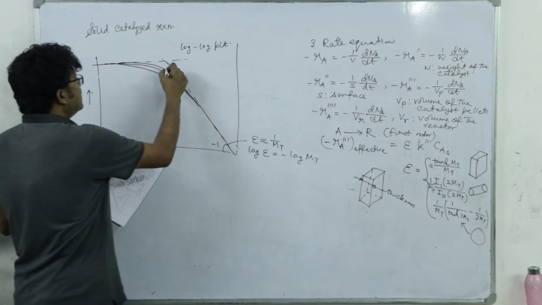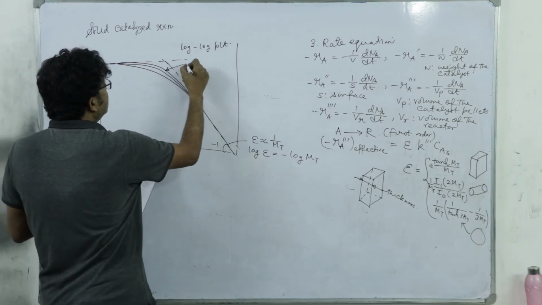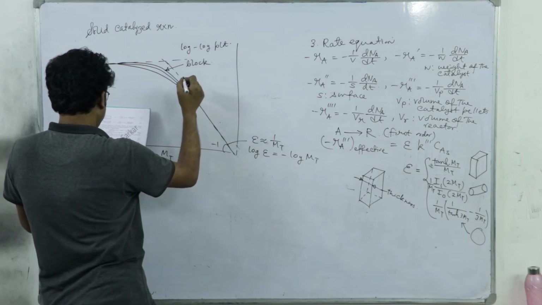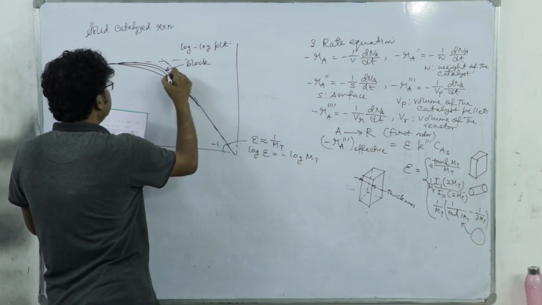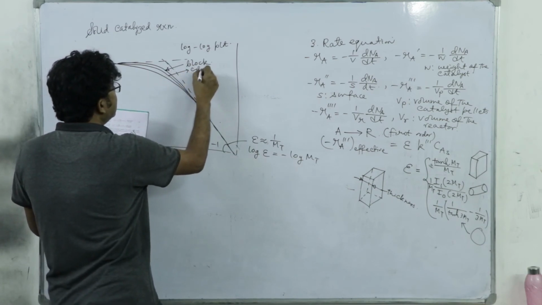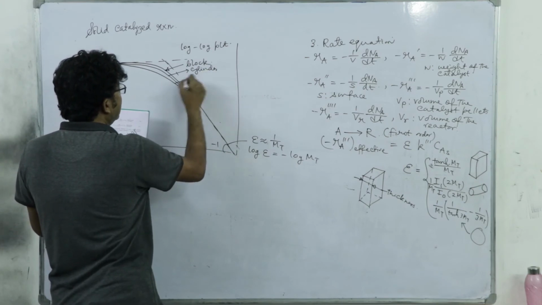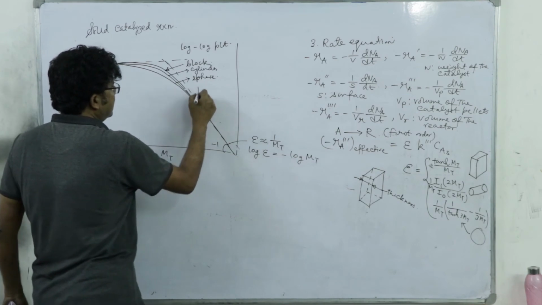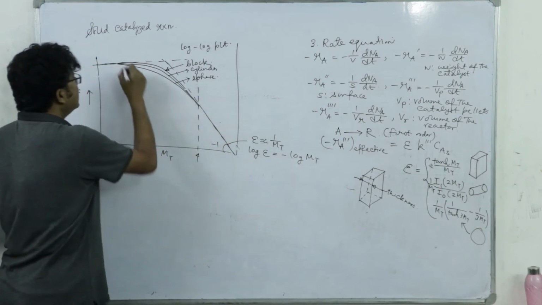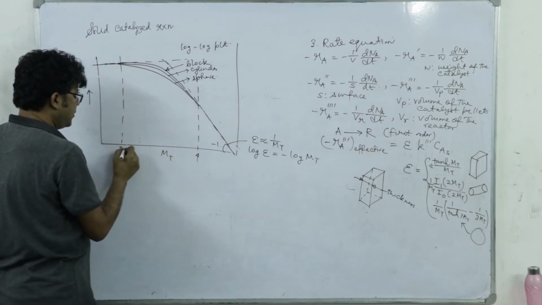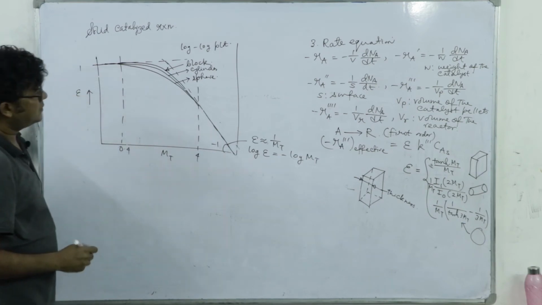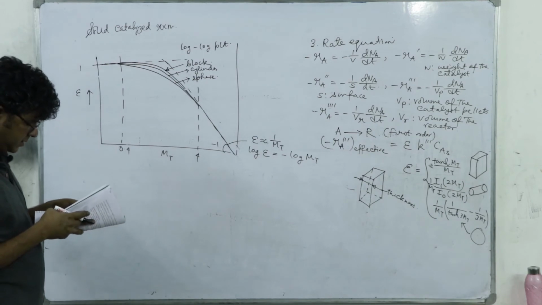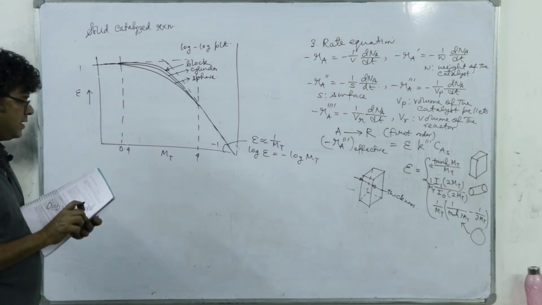This one is for the block, the second one for the cylinder, the third one for the sphere, right. And this is 4, this is nearly 0.4. So, the nature of the plot for the rectangular parallelepiped is practically the same.